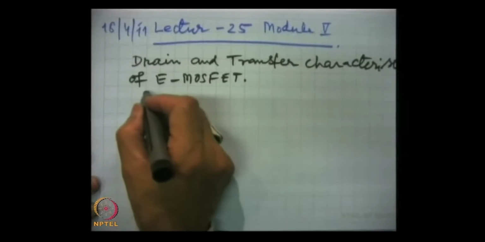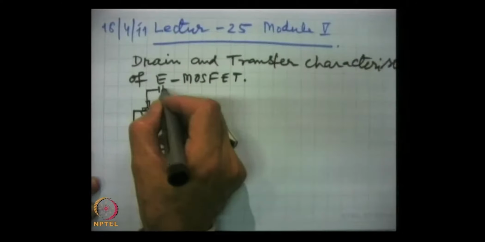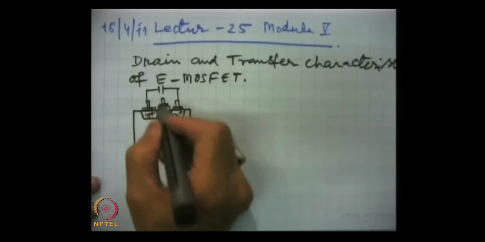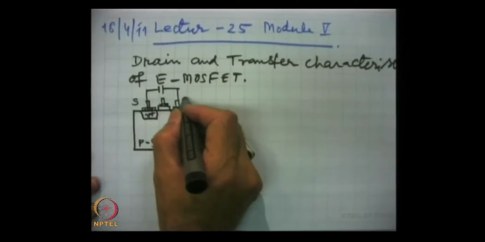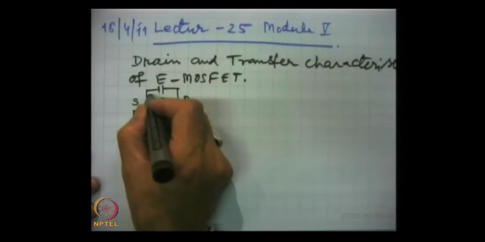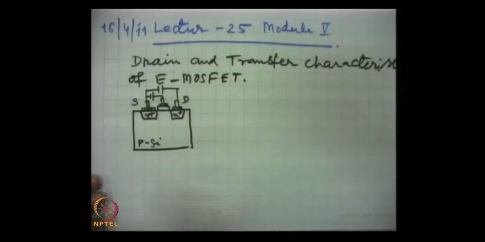Then we establish a potential difference between source and drain, and another voltage, a positive voltage between source and gate.